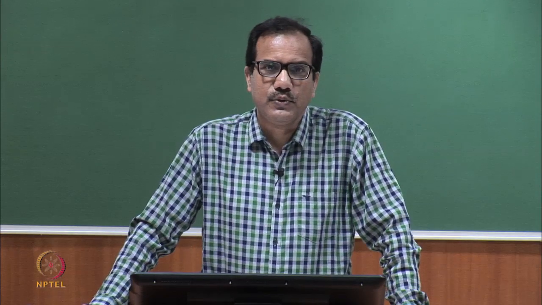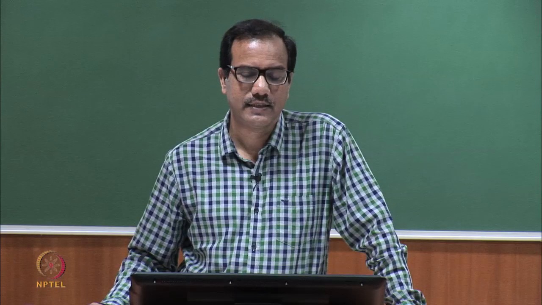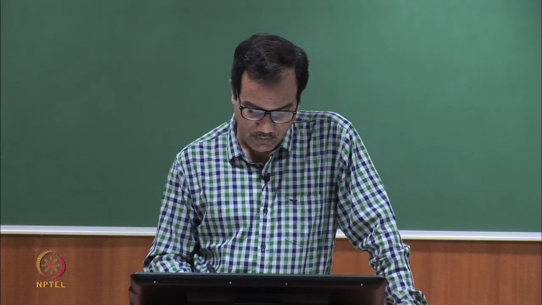In the last lecture, I showed you that the signal in NMR is given by this equation. S at a given time is equal to S naught multiplied by exponential i, and this is capital omega, which is basically chemical shift, multiplied by time, multiplied by exponential minus R2 into T. So, this signal is called free induction decay, and it will look like this.